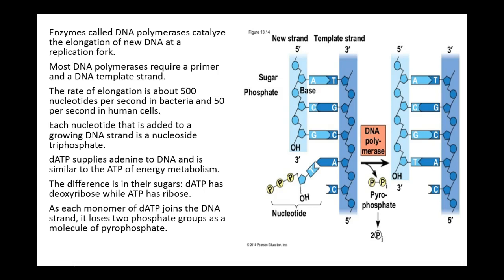We're going to attach the sugar to the hydrogen bond, take the oxygen off, put that together with 2 of the phosphates, and then you're going to have the oxygen and phosphate group come off, and then the new sugar is going to attach, and then the thymine is going to attach to the adenine via hydrogen bonds, and you're still going to have a hydroxy group hanging off the other end that allows the next nucleotide to be added.